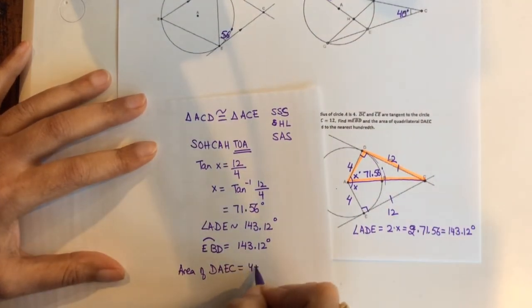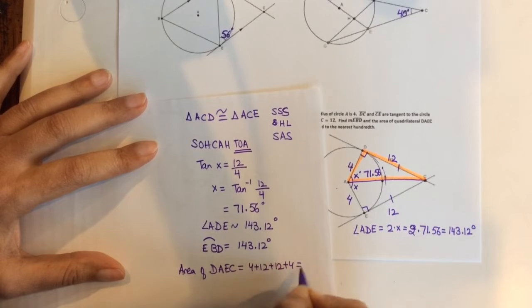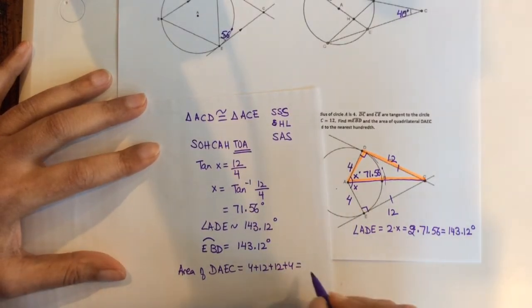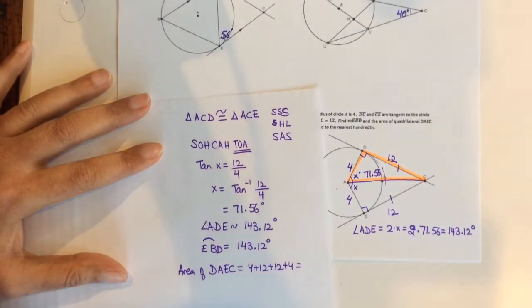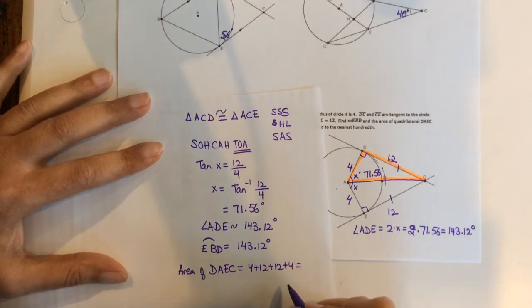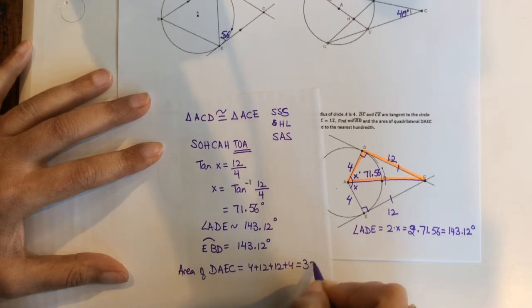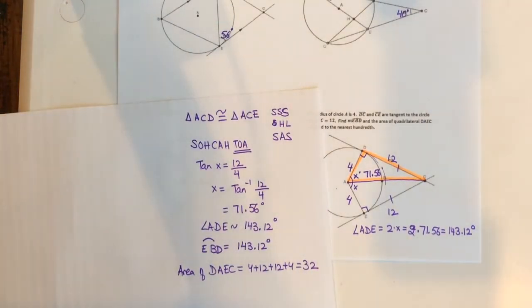So it is 4 times 12 plus 12 plus 4, 24 plus 8 is going to give me... so that's what I got.